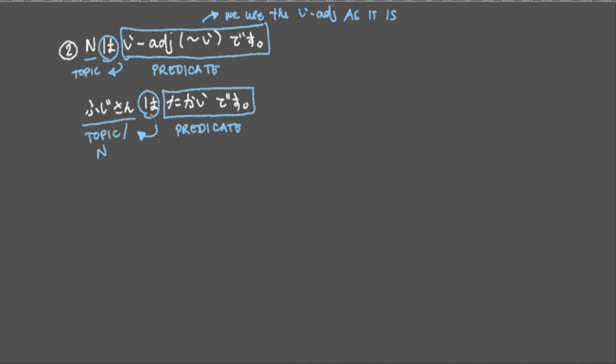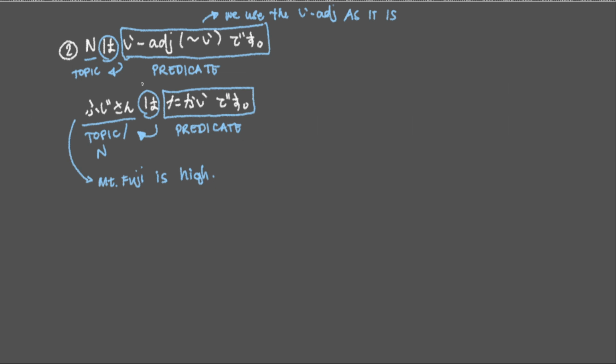Fuji-san wa takai desu. Fuji-san is high. Fuji-san means Mount Fuji. Mount Fuji is high as a mountain. Takai, okay?